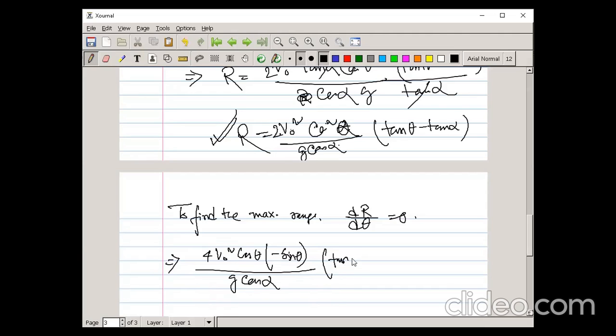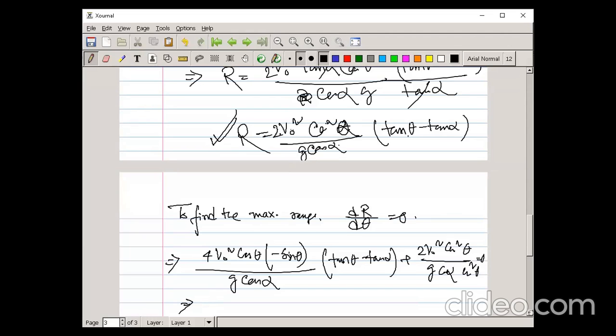Here it is tan theta minus tan alpha, plus the same thing we have to write here because this theta is also there: tan theta. So solve this one: 2 V0 square cos square theta divided by g cos alpha into derivative of tan theta, which is sec square theta, so 1 by cos square theta, is equal to 0.